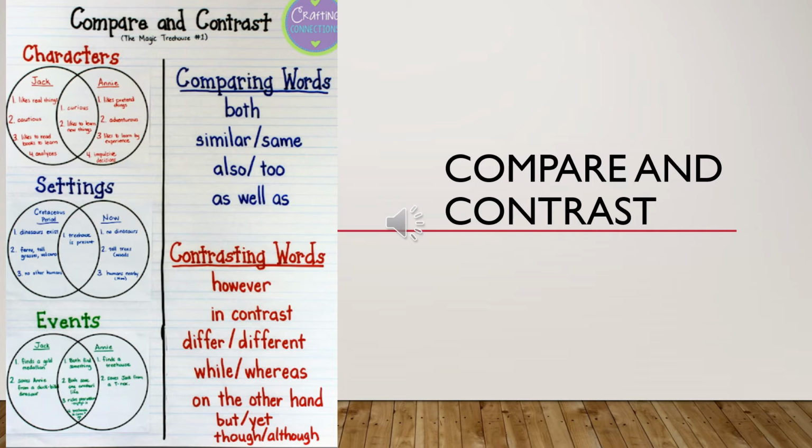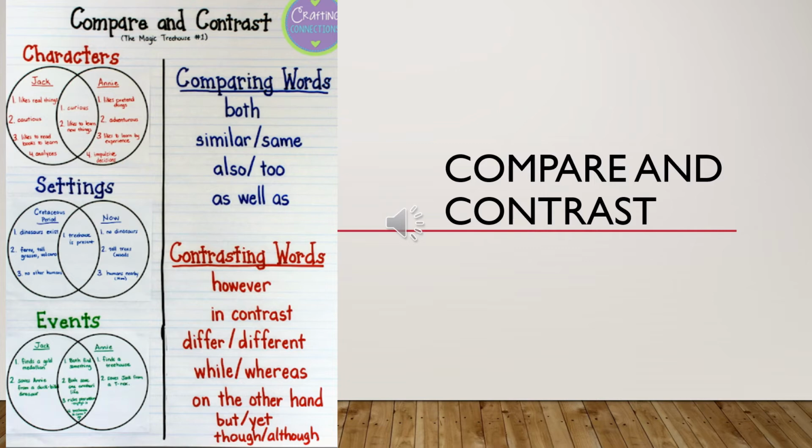But we're also going to look for that powerful language to help us determine if it's compare and contrast. Comparing words, if they both have something, perhaps they're similar or the same. Also, or as well as, are all clue words to help you know that they are comparing two similar objects.